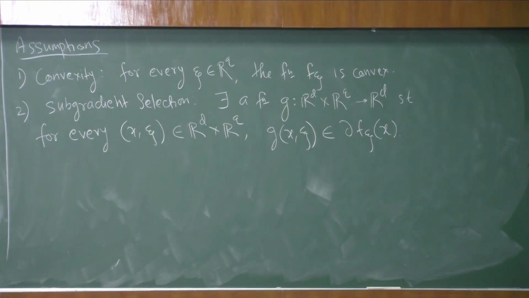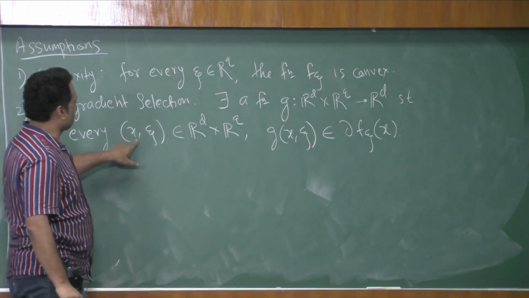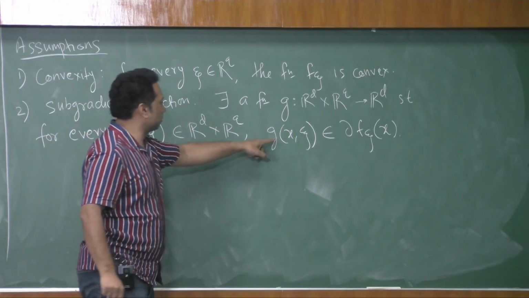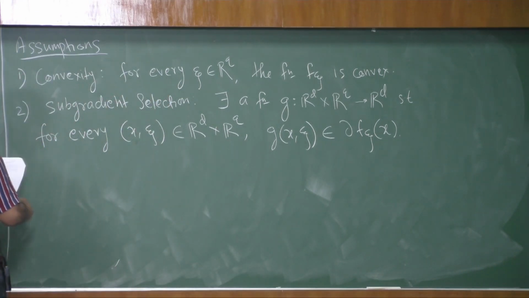So basically this guarantees that there will be a subgradient for every choice of the random variable and the domain point x. And all this is needed for the algorithm.